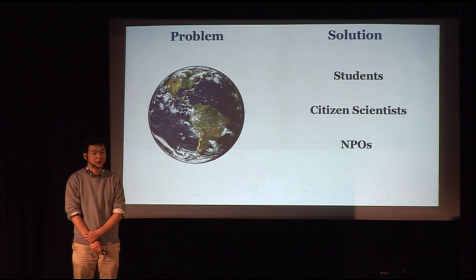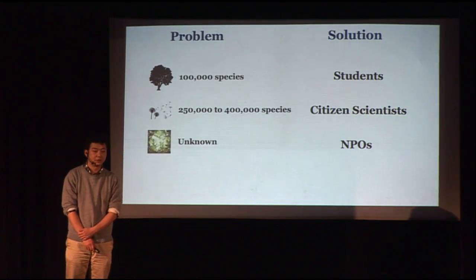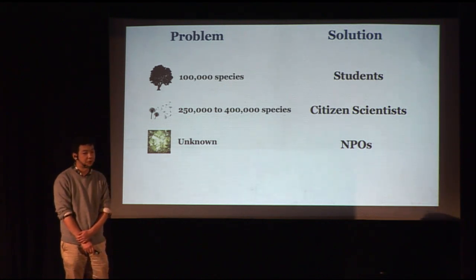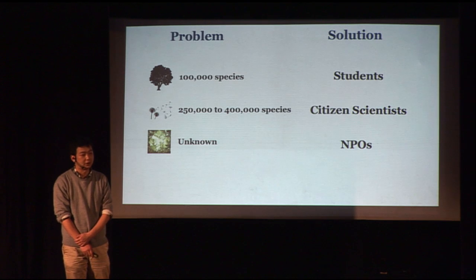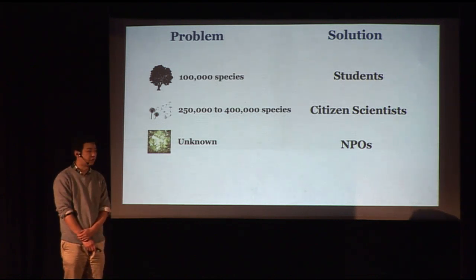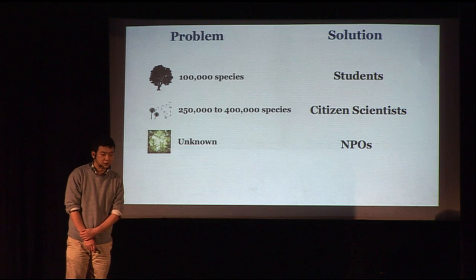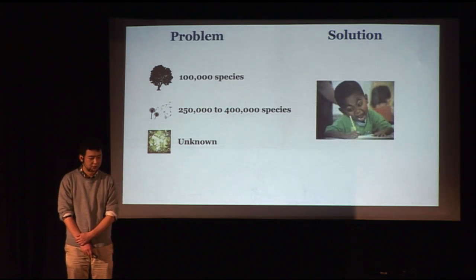But this naturally leads us to the second problem, that they will have to identify 100,000 species of trees, four times more of seeded plants, and nobody knows how many species there are in territorial vegetations. So the solution to this second problem is that we can ask them to study really hard.